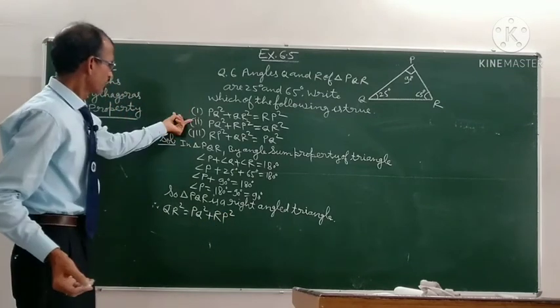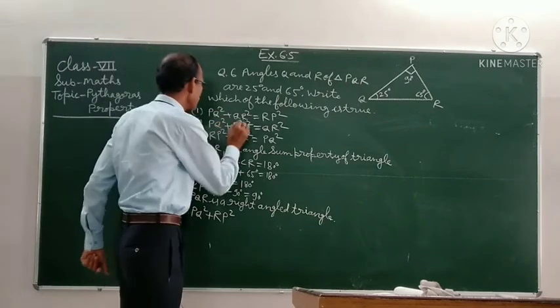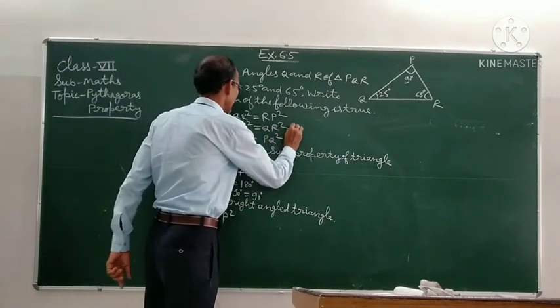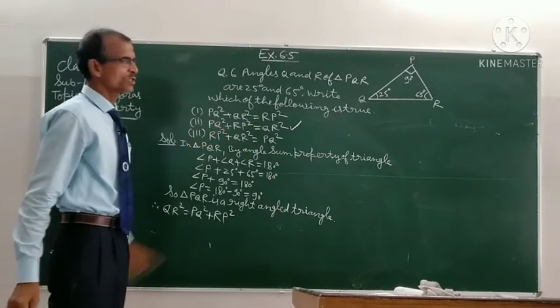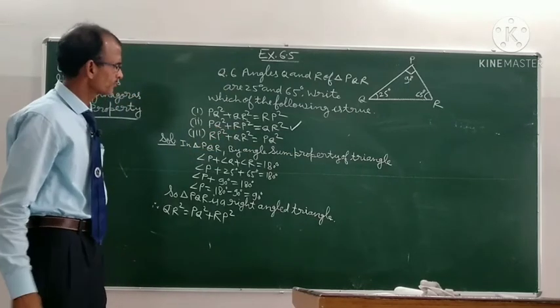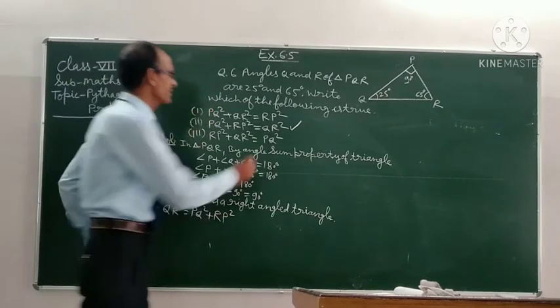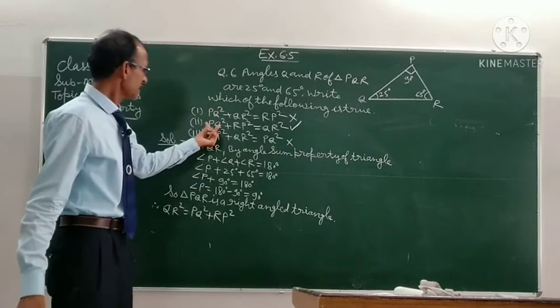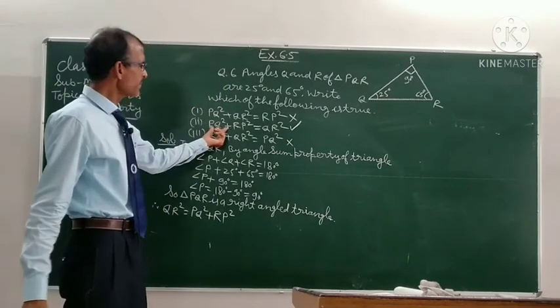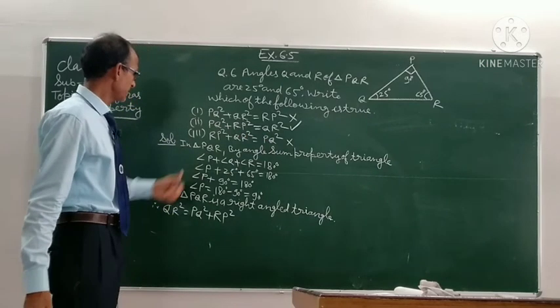Which is the true statement here? This one is the true statement: QR square is equal to PQ square plus RP square. And remaining two statements are false. So this statement PQ square plus RP square is equal to QR square is the true statement.